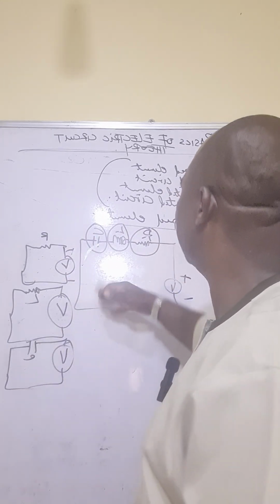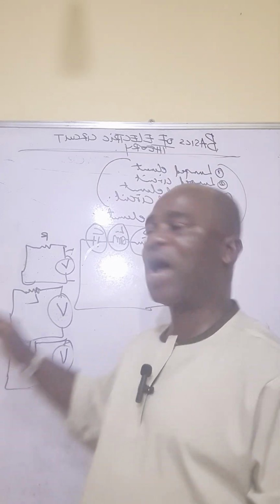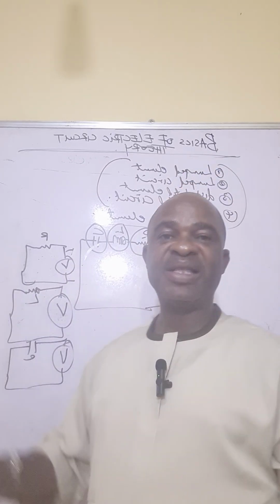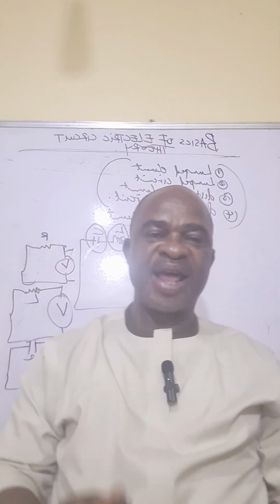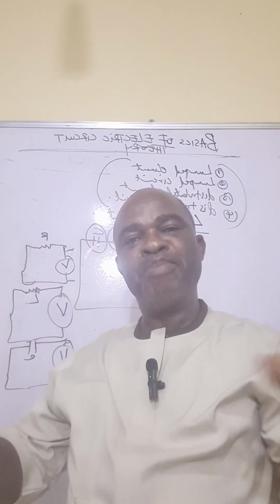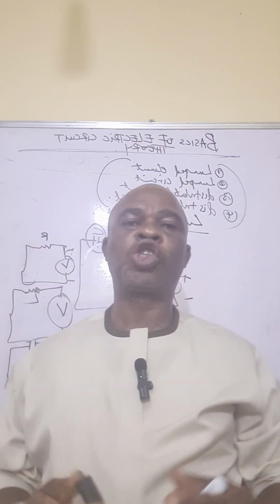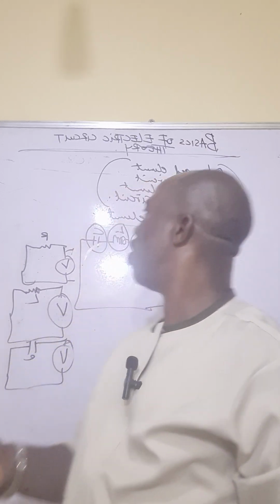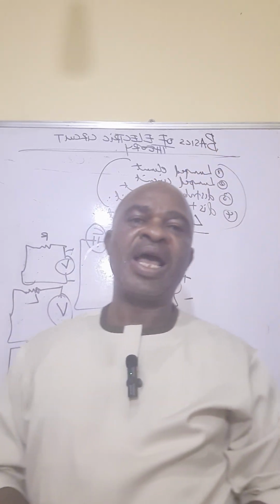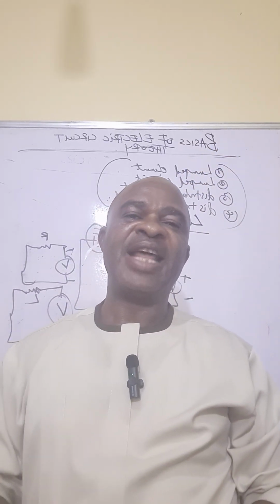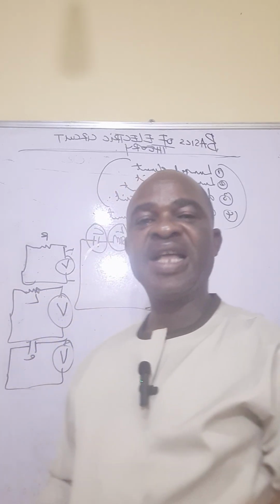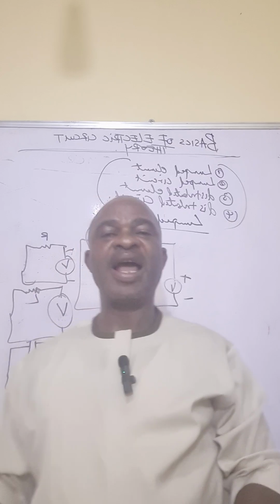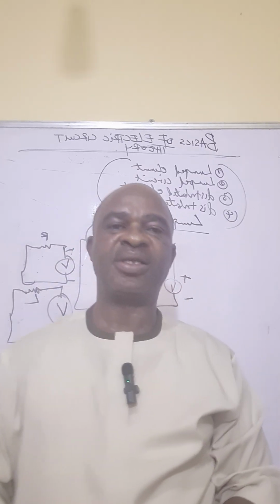Then another thing you should know about lumped elements is that the applied voltage and current are bigger than the physical structure and size of the various lumped elements. They are negligibly small when you compare them with the applied voltage and the current.